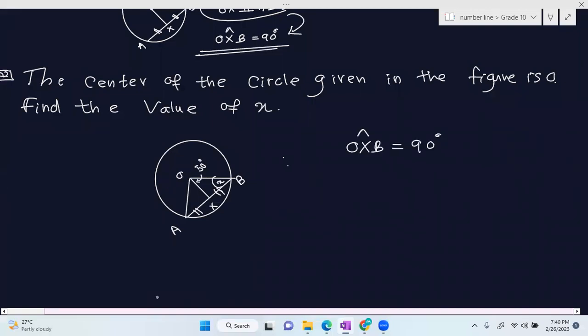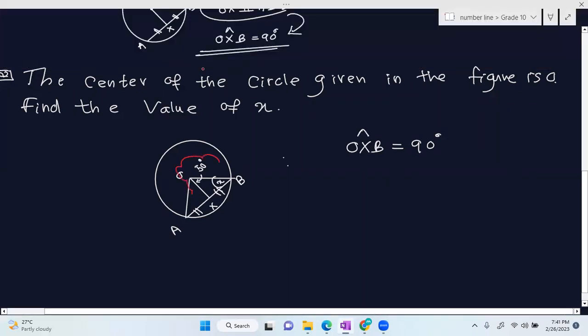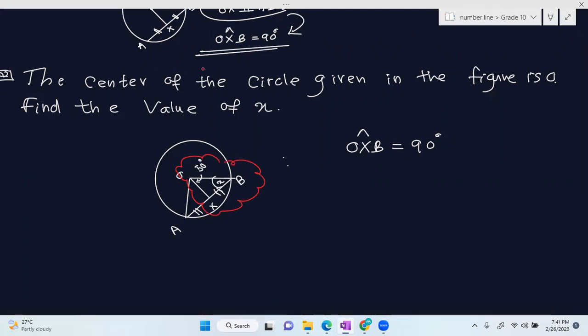Now you can consider OXB as a right angle triangle and add the interior angles. It is 50, here x, equals 180. It is the sum of the angles within a triangle.